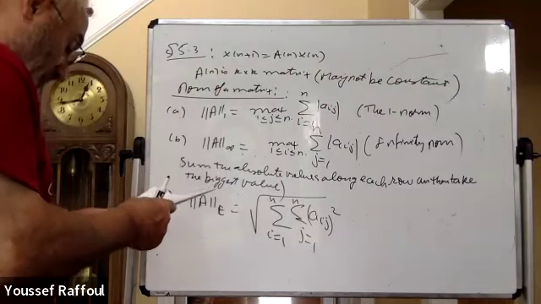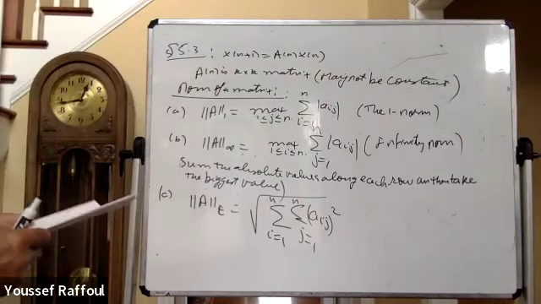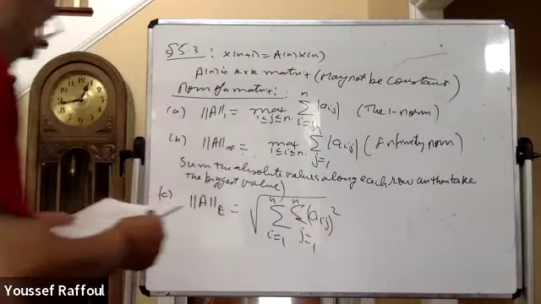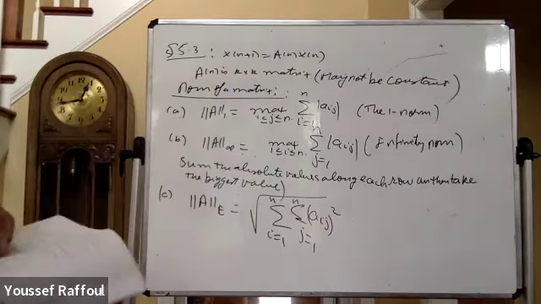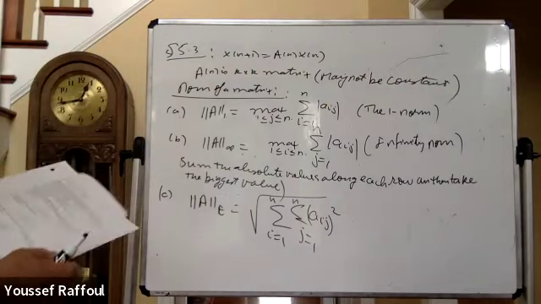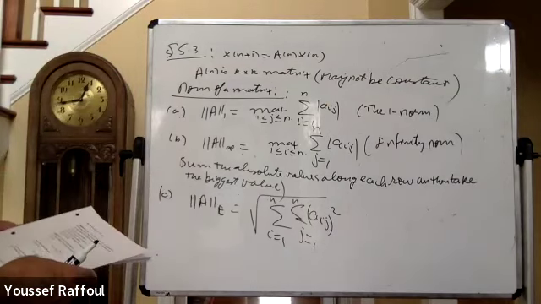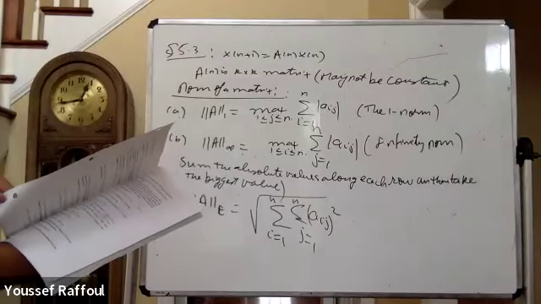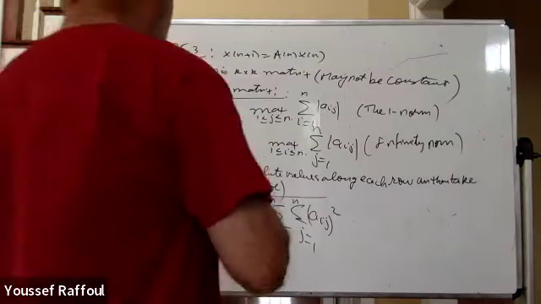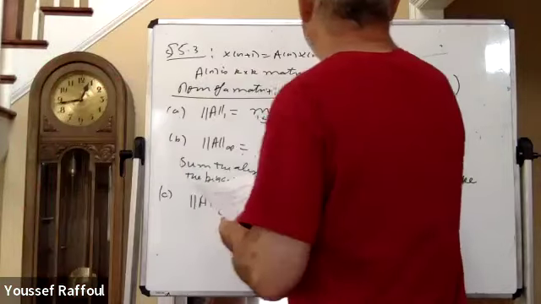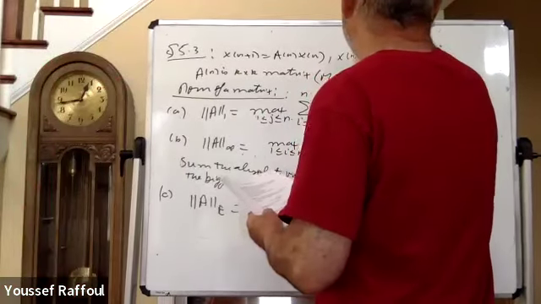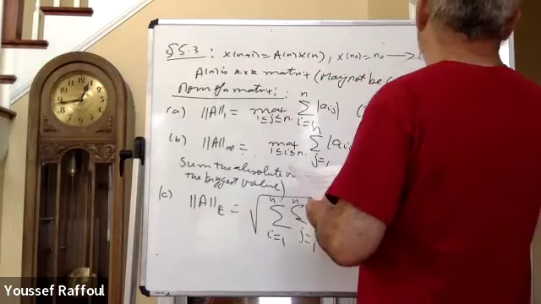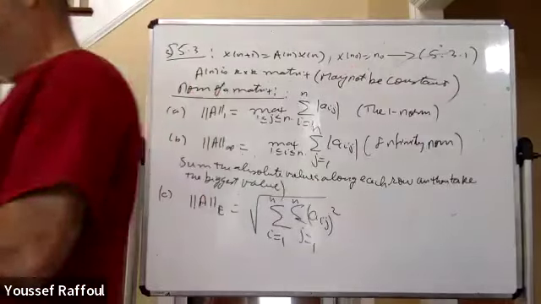Any questions? So this is the norm of a matrix. All right. So let's say x(n0) equals x0, and call this 5.3.1.